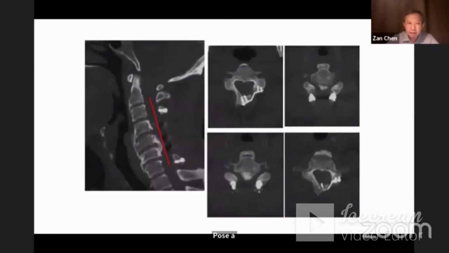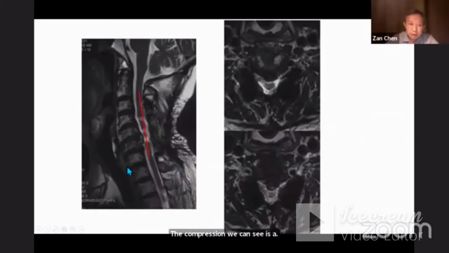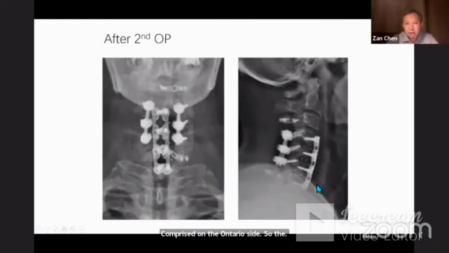After decompression, we can see though the spinal canal is enlarged, the spinal cord is still compressed on the anterior side, so the patient still had symptoms. And we performed the ACCF for this patient for revision.